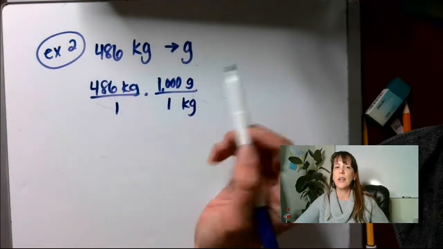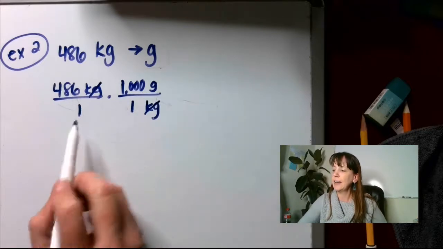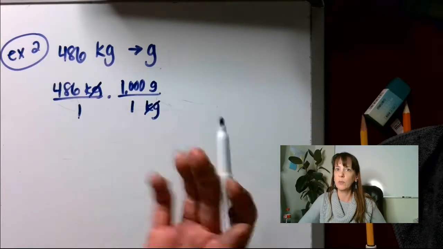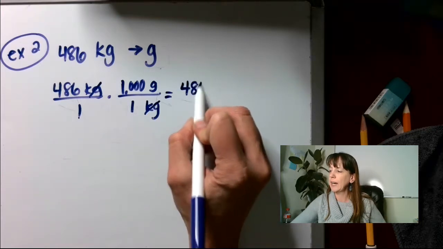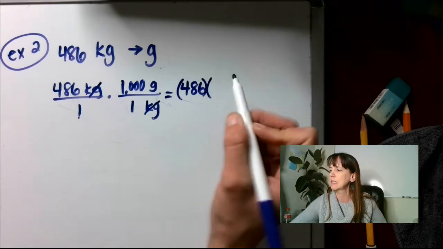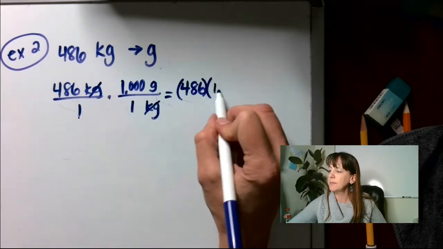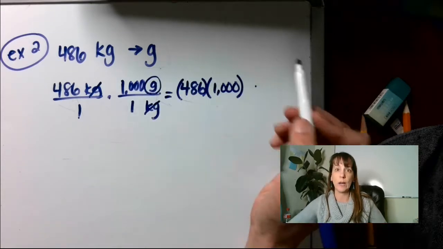There are 1,000 of them. Good, so now we can cancel these out. Downstairs I've got 1 times 1, which is just 1. And upstairs in my numerator, I've got 486 times 1,000. And the unit still standing is grams, right?